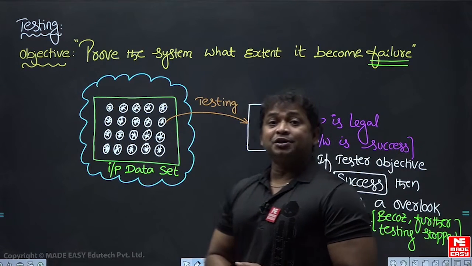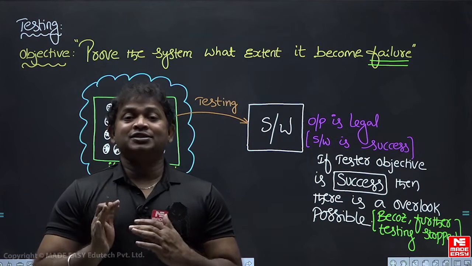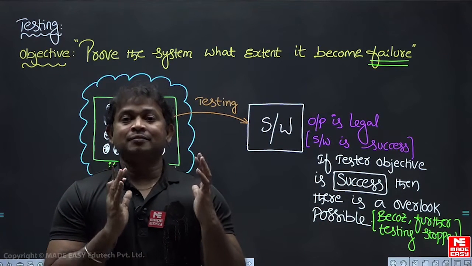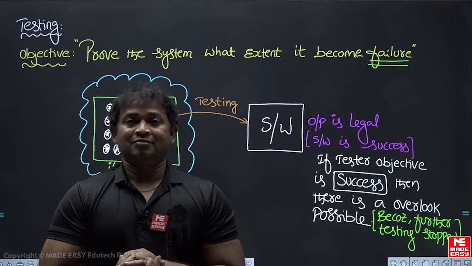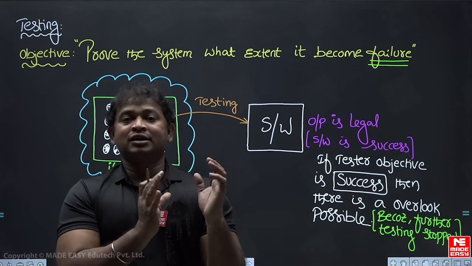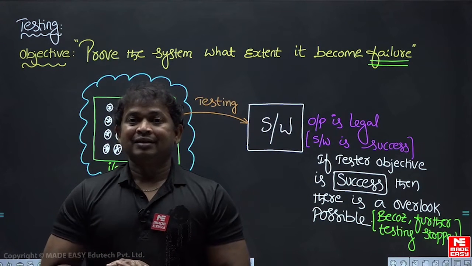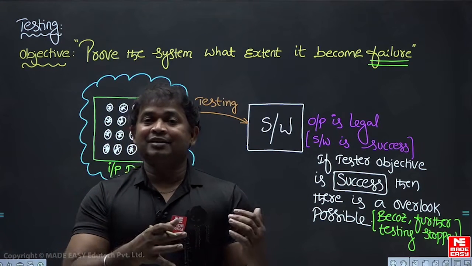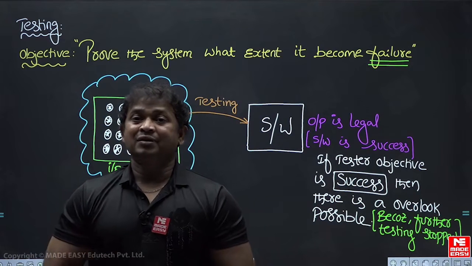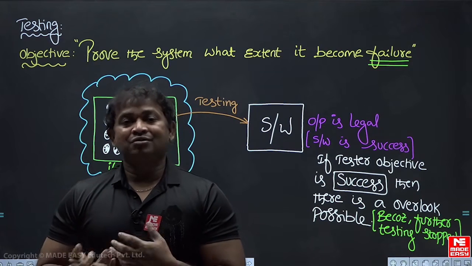This is the objective of a tester. So failure is the major attention here. They want to prove that under so and so condition the system becomes failed. Under which condition the system failed, that condition will be reported to the development team. Now the development team makes the corresponding modification to cover the error.